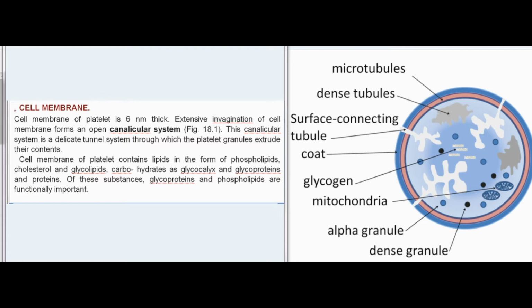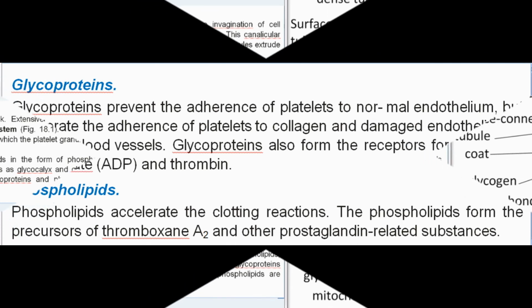This canalicular system is a delicate tunnel system through which the platelet granules extrude their contents. The cell membrane of platelet contains lipids in the form of phospholipids, cholesterol, and glycolipids, carbohydrates as glycocalyx and glycoproteins, and proteins. Of these substances, glycoproteins and phospholipids are functionally important.